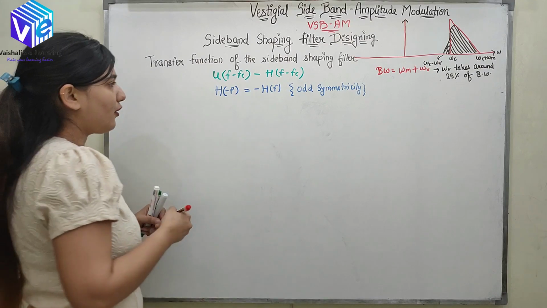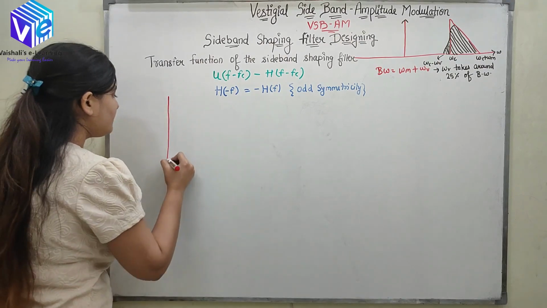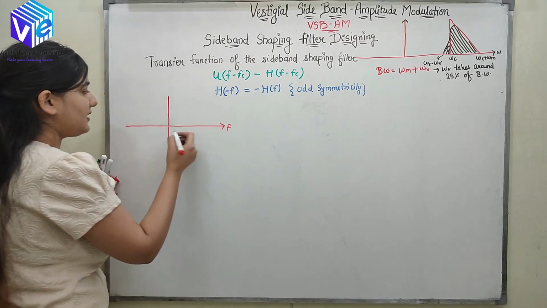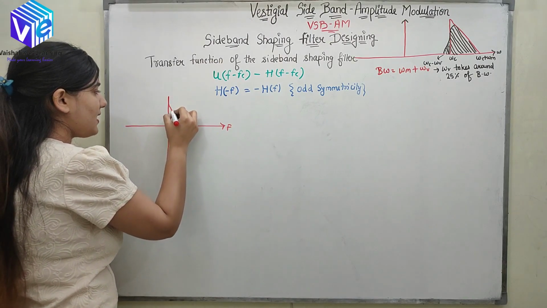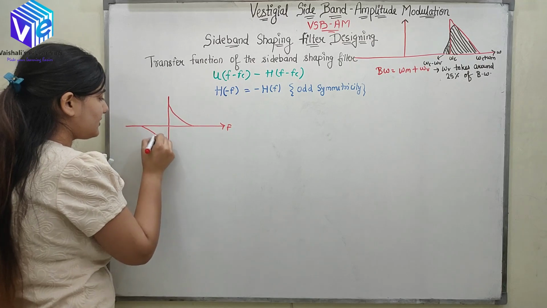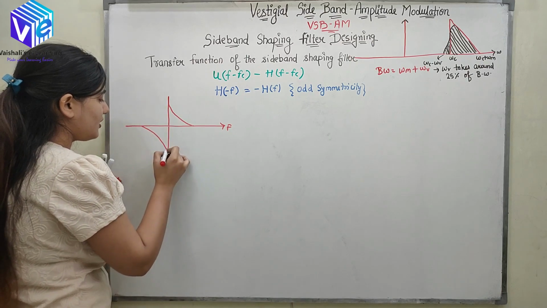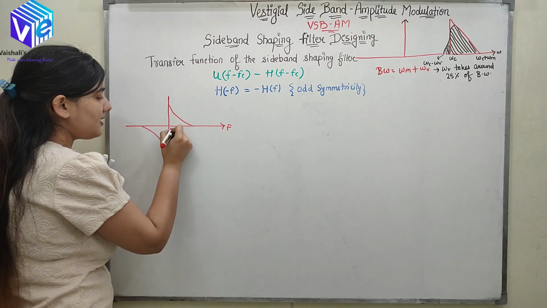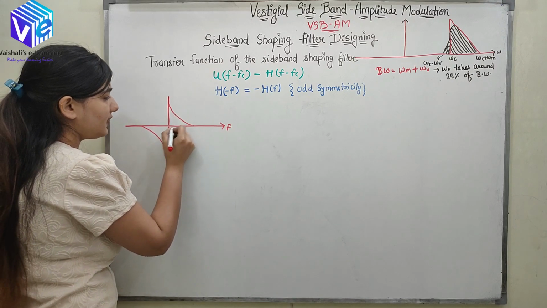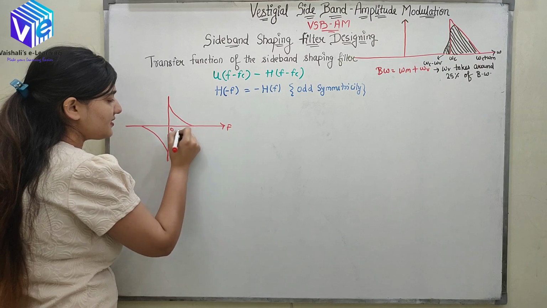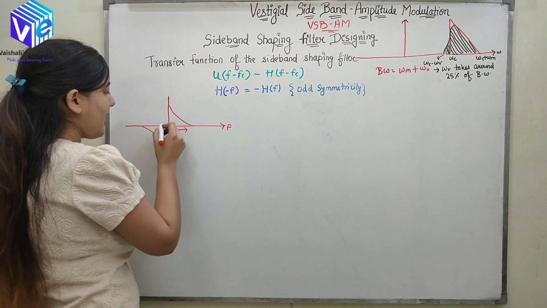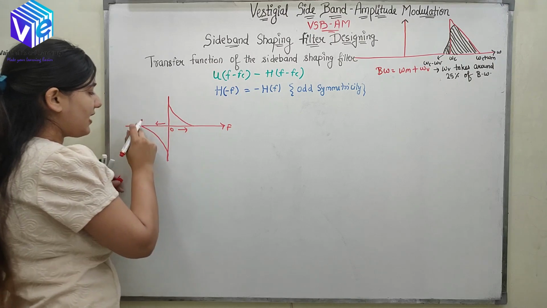So if I draw the waveform, the frequency spectrum, if this is representing my f, the low pass filter with the odd symmetry is represented by this. So here this is the positive f. You can see if I go from the value of f greater than 0, if I go to here, the value is this, and if I go to this side, the value is this.